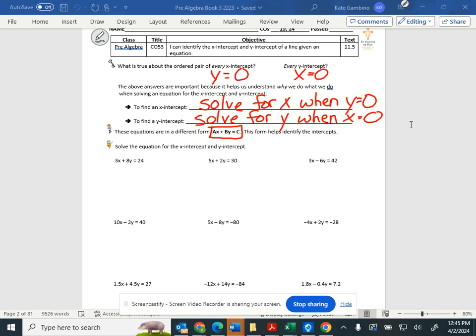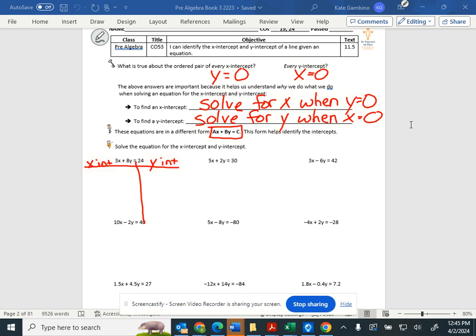So if we look at this first one, 3X plus 8Y equals 24. So I'm going to put it into two different sides. I'm going to solve for my X-intercept, and then I'm going to solve for my Y-intercept.